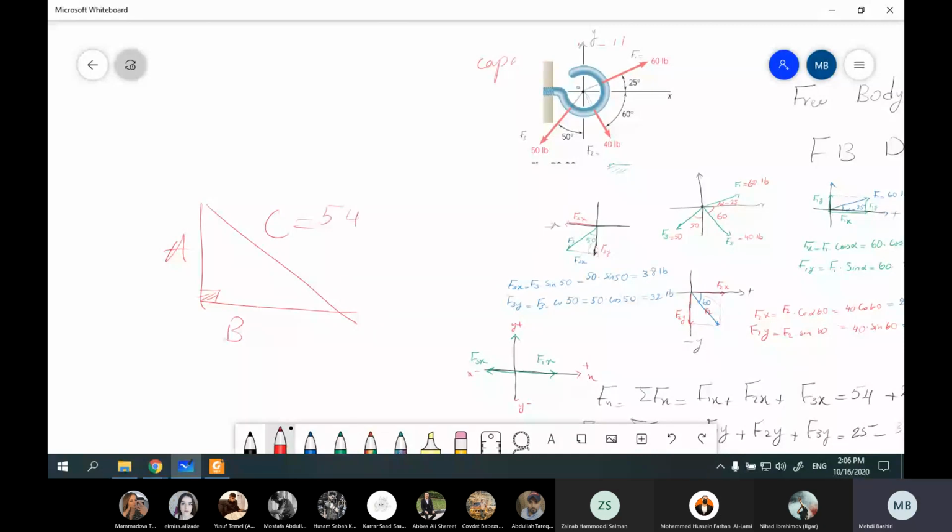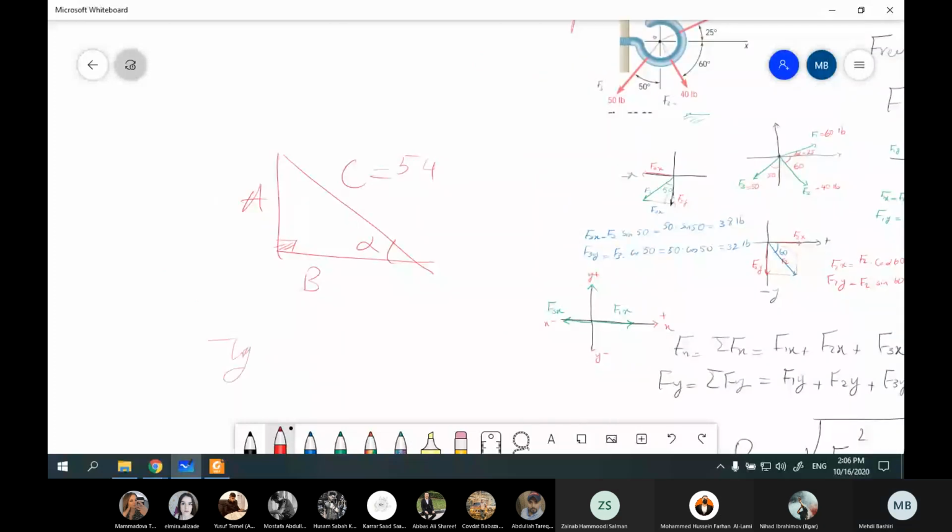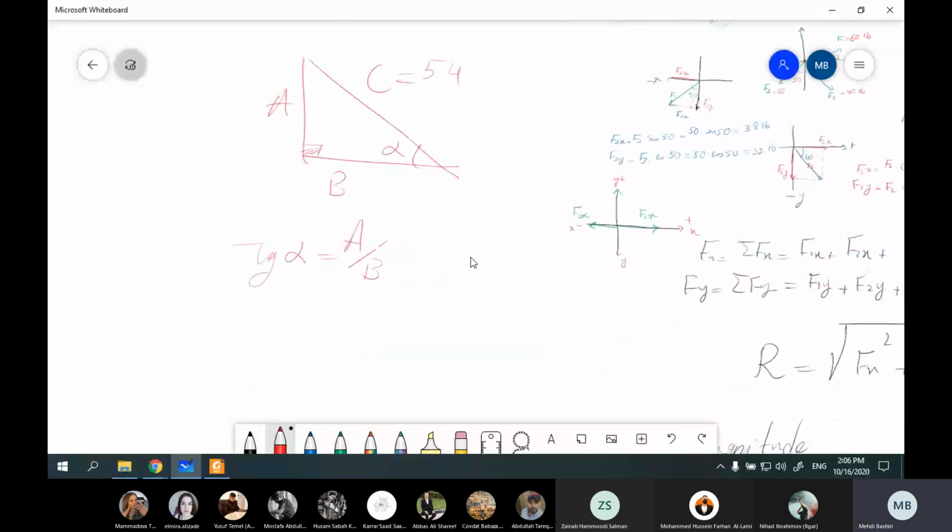What is theta? We have two choices. When we have B and A, tangent of theta or alpha is equal to A divided by B. And theta or alpha is the arctangent, or tangent inverse, of A over B.